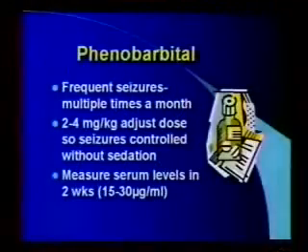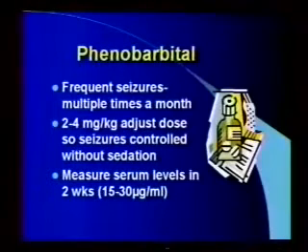So let's talk about phenobarbital first. Phenobarbital is a really good drug to begin with if the animal is having frequent seizures, multiple times a month. If they're infrequent, then we might not have to start with phenobarbital, but if they're frequent, we need to get that control right away. The dose varies with the animal.